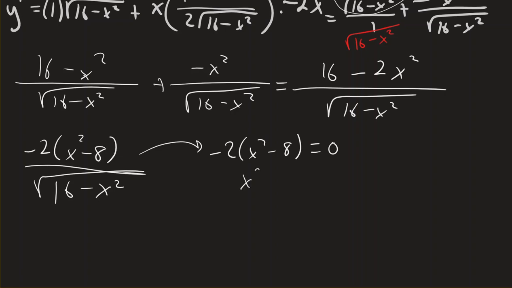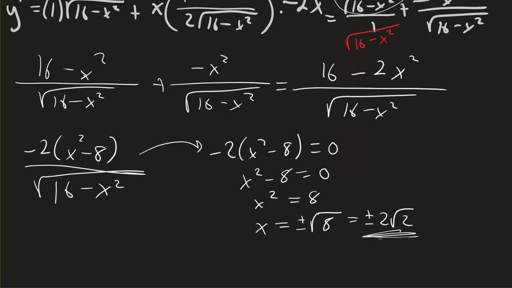But if I multiply both sides by negative 2, and then add 8 to both sides, and then take the square root of both sides, don't forget the plus or minus, and the square root of 8 reduces to 2 square root of 2. So positive 2 square root of 2 and negative 2 square root of 2. These are my critical numbers. Those are the locations where it's likely to be changing from increasing to decreasing or decreasing to increasing.